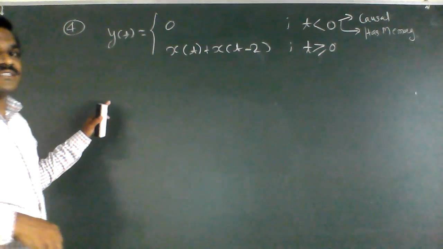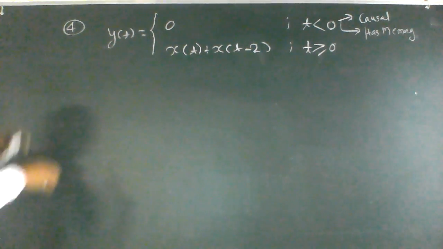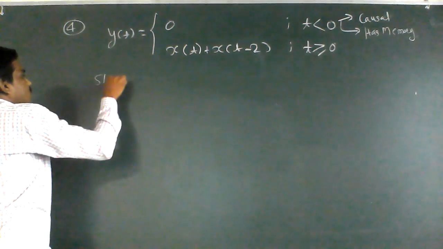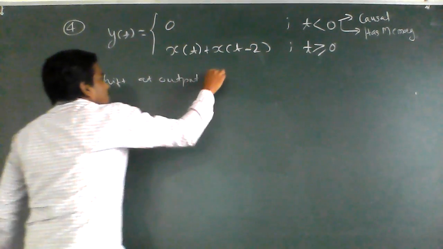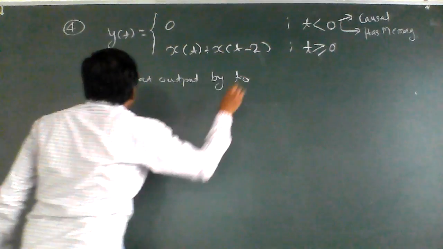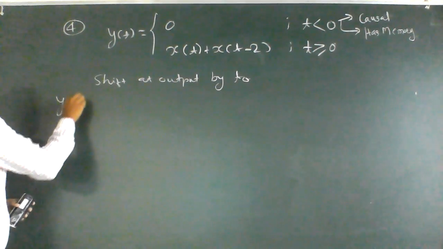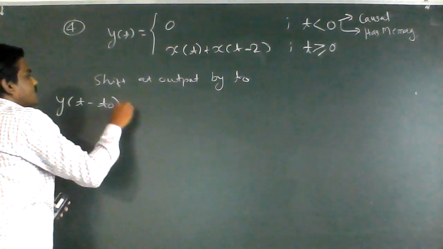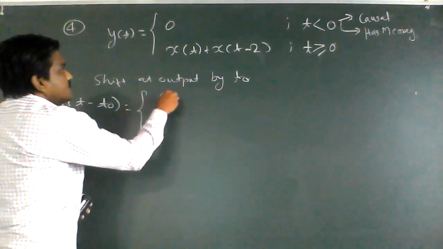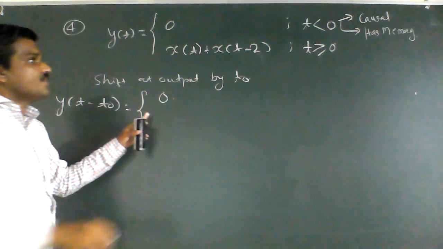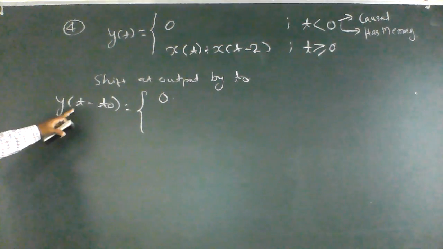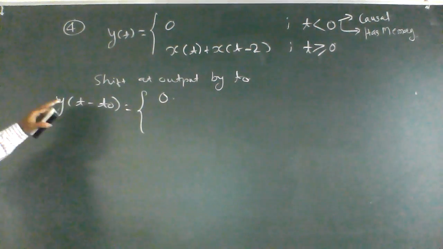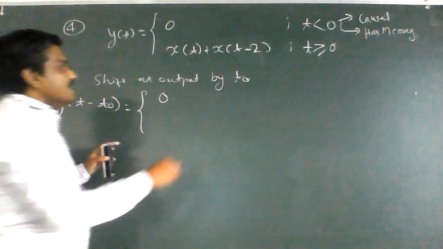Now let us first consider the shift at the output. Shift at output by t0: y of t minus t0 is equal to 0 for t minus t0 less than 0, because our output is shifted, so whenever t is there you have to replace it by t minus t0.